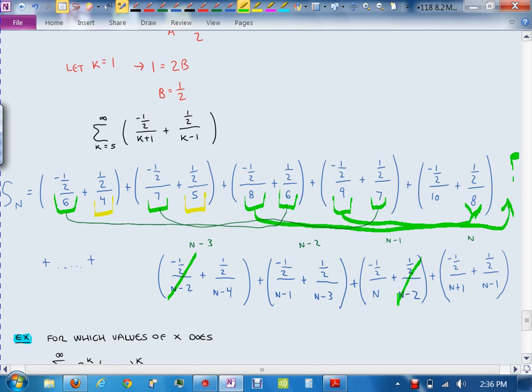How about this guy? He's a second term, right? Second terms are killed off by first terms 2 in front of them, right? So this guy should get killed off by something in front of him, from somewhere over here. There they are.